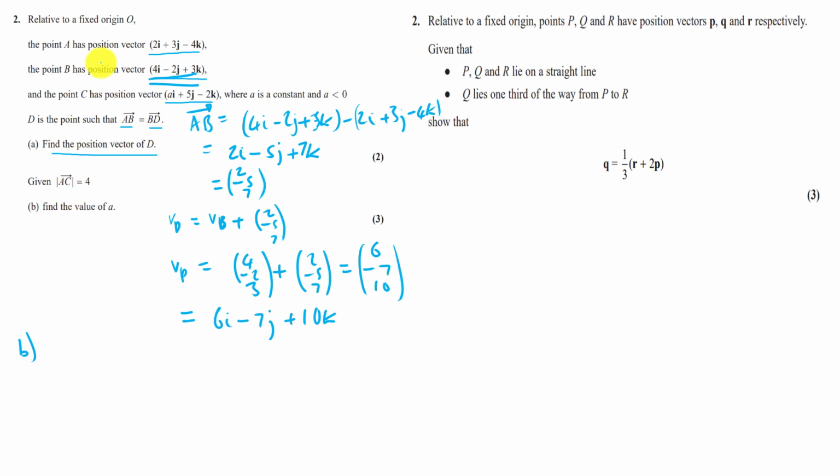So the magnitude from A to C. So we need to remember A to C is actually equal to position vector C minus position vector A. Okay, so that means we get here a minus 2 squared, because we're doing the magnitude, plus 5 minus 3 squared, plus minus 2 minus 4 all squared has to equal 4 squared.